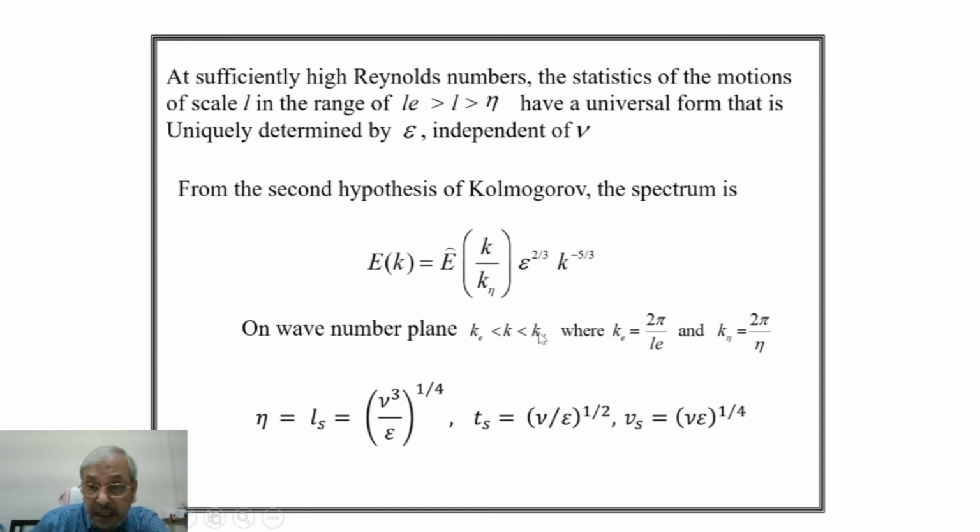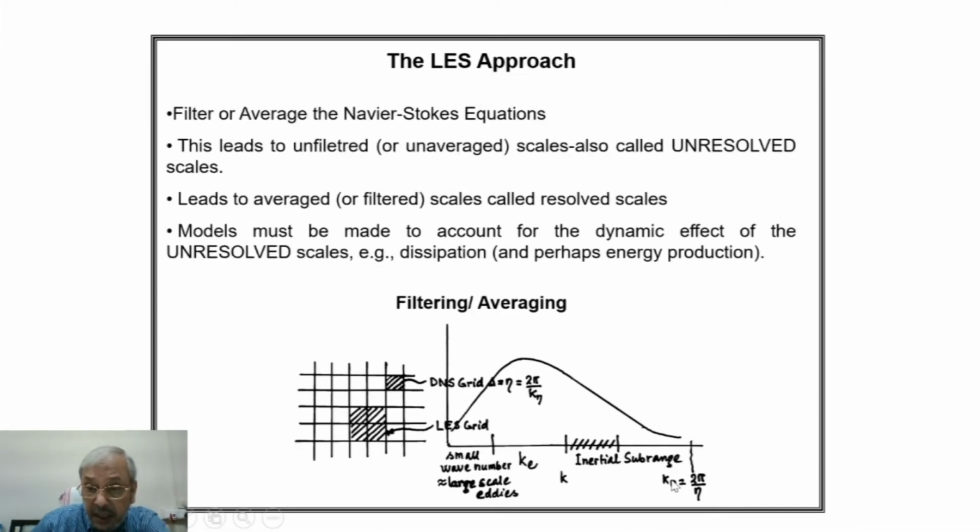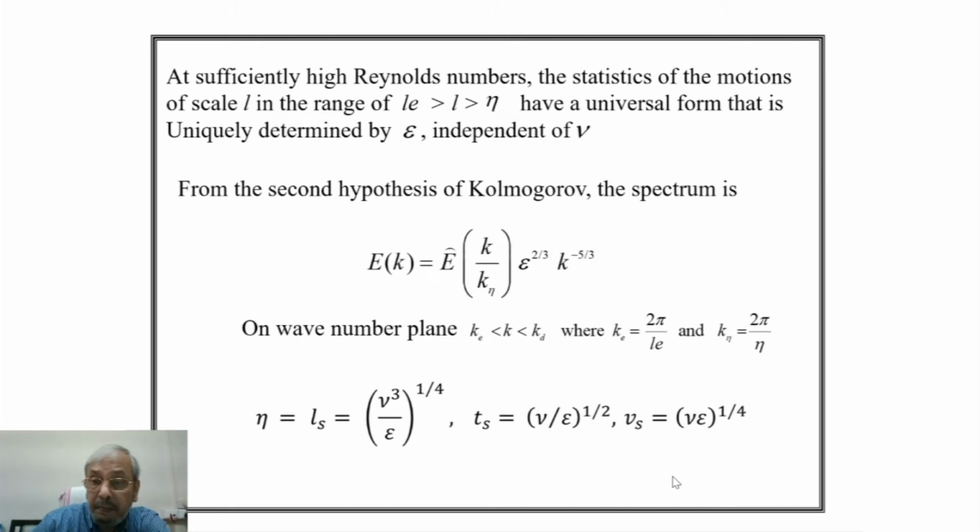We have written kd, let us read this as kη, where ke is 2π by le and kη is 2π by η, and again η is the Kolmogorov scale given by (ν cubed by ε) to the power 1/4.